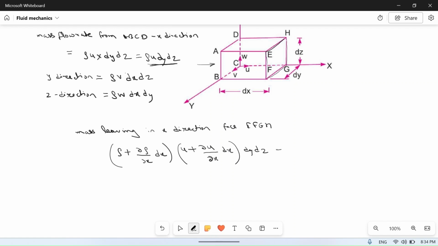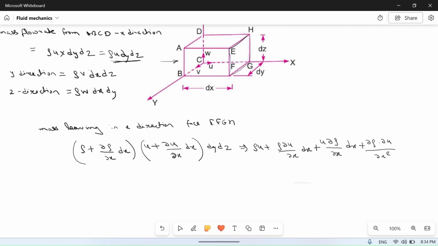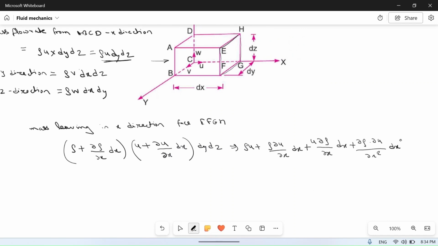If we multiply these two, we get rho u plus rho del u by del x dx plus u del rho by del x dx plus del rho del u by del x squared into dx squared. This is a higher-order term; since dx is very small, dx squared is even smaller, so we neglect it.